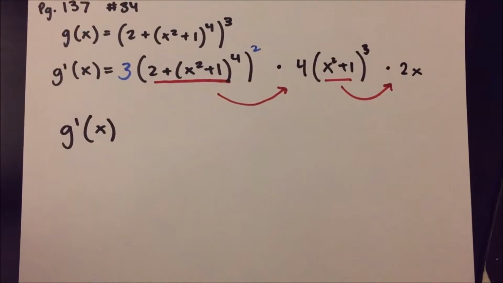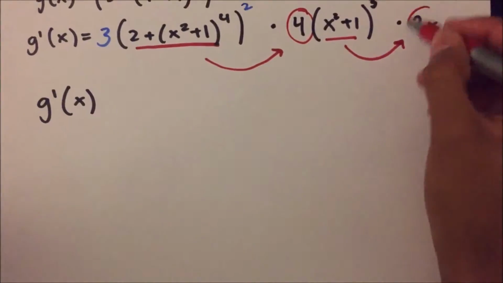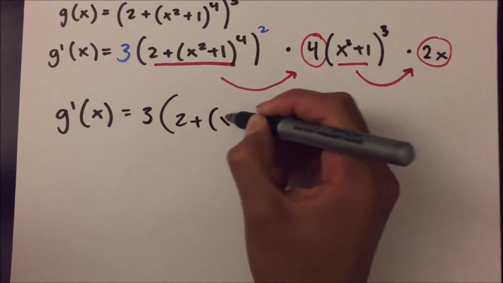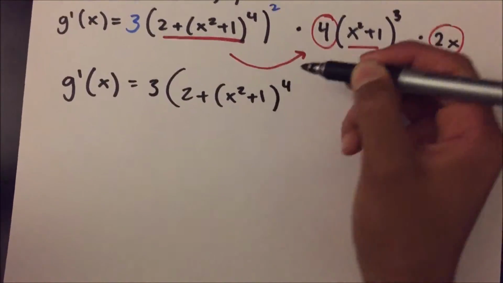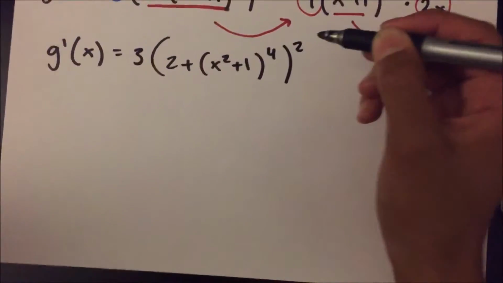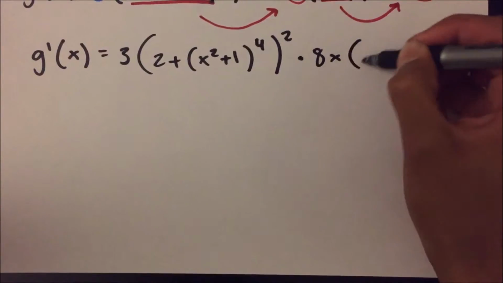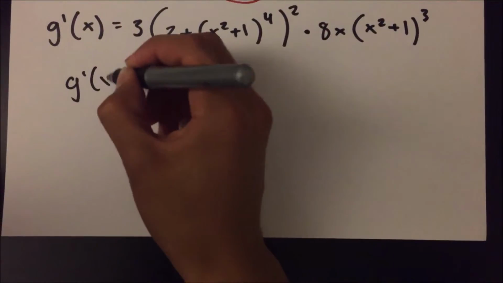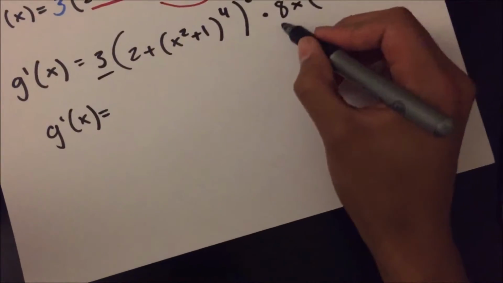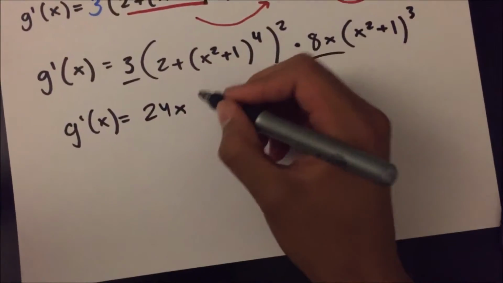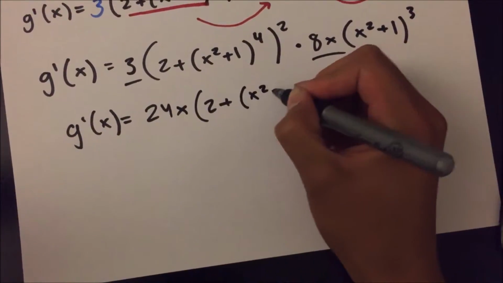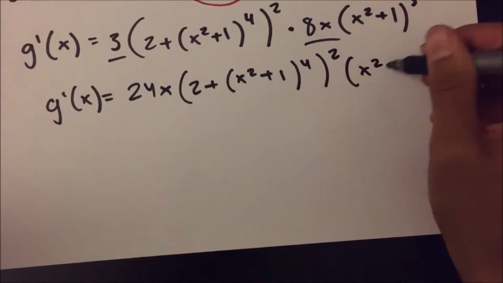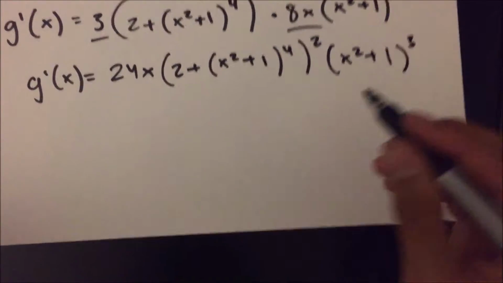Basically, we get 4 into x, then simplify even more, to be 8x. And that's your answer.